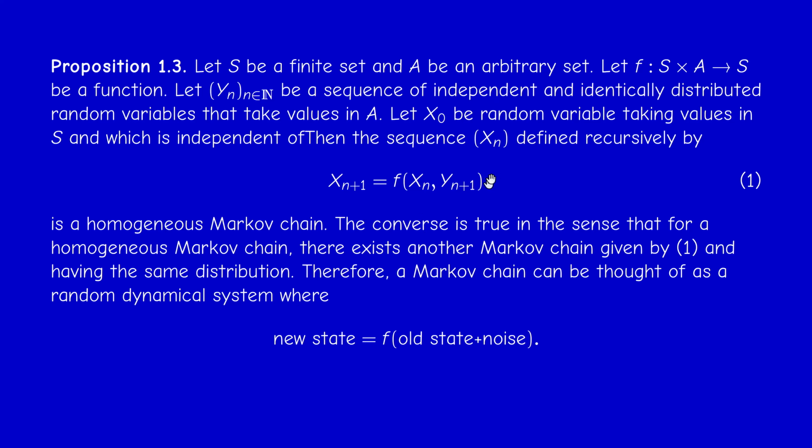So this equation can be written as, because it's an iteration rule, new state equal f of the old state plus noise. In a deterministic mechanical system, you had something like new state equal f of the old state, but here we have noise, so this makes it random. Okay, now why is this true?